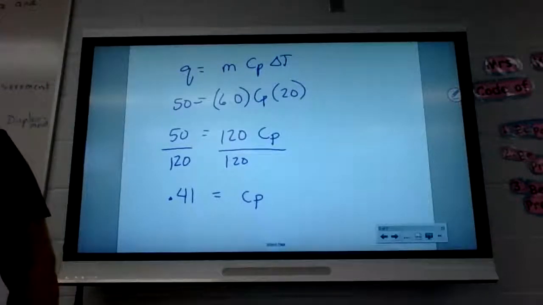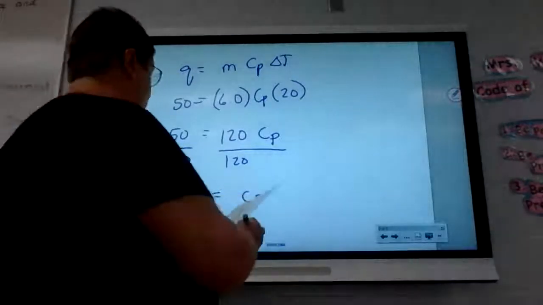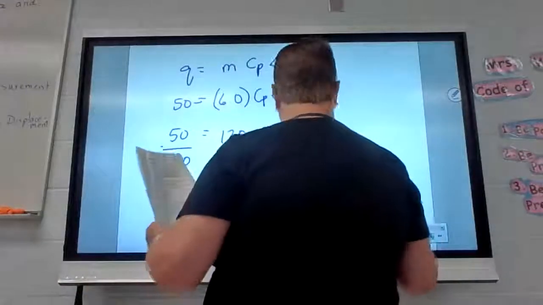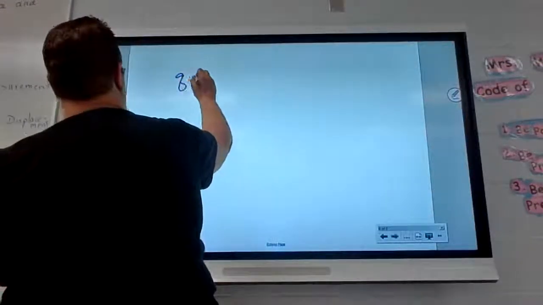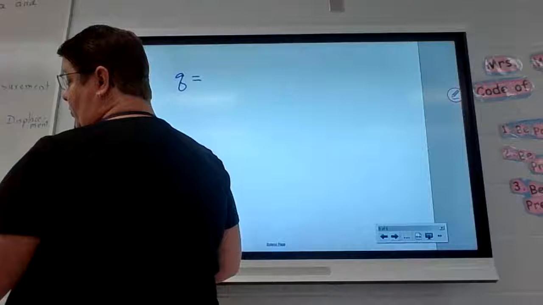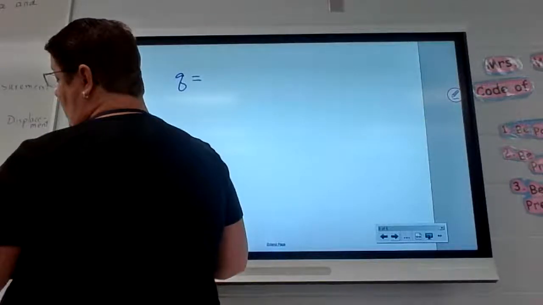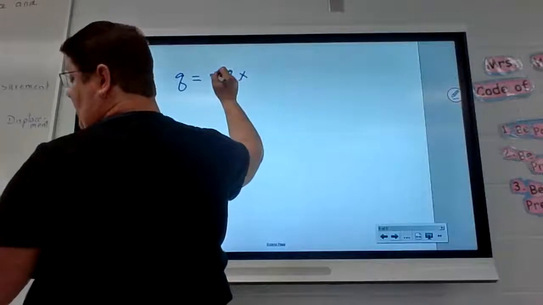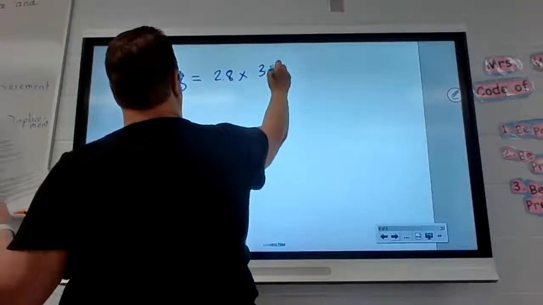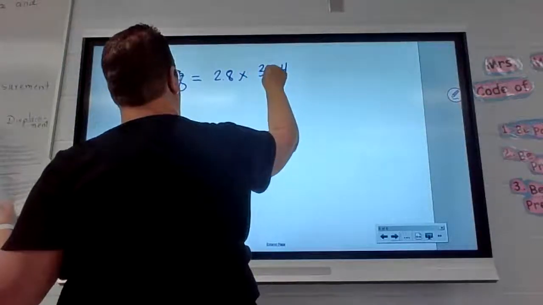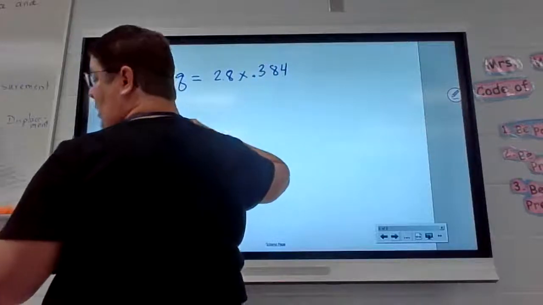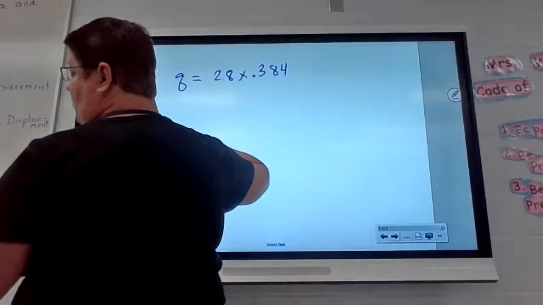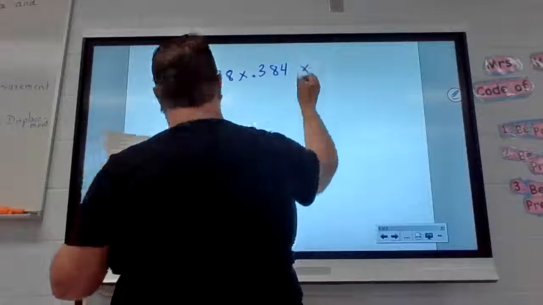Anybody else? Yes, ma'am. Number 5. All right, number 5 asks you to find the amount of heat. So you're looking for Q this time. So it gives you the mass is 2.8 grams. It tells you the specific heat is 0.384. And the temperature changes from 25 to 15.